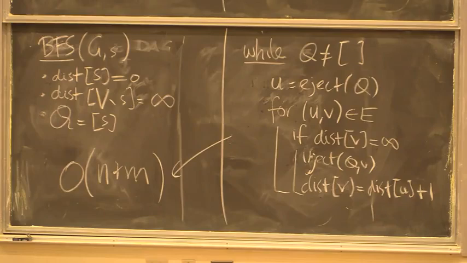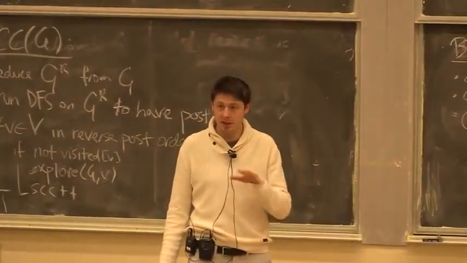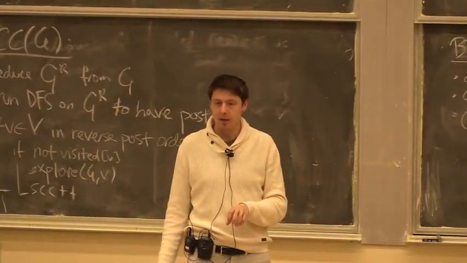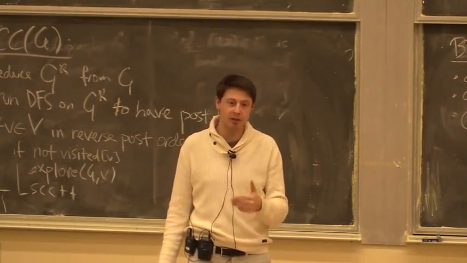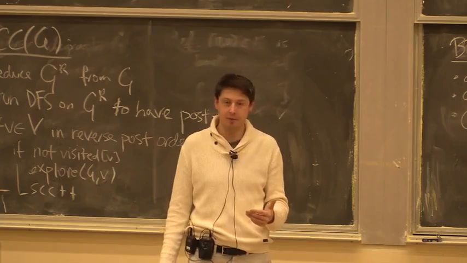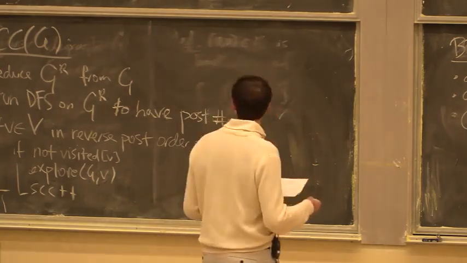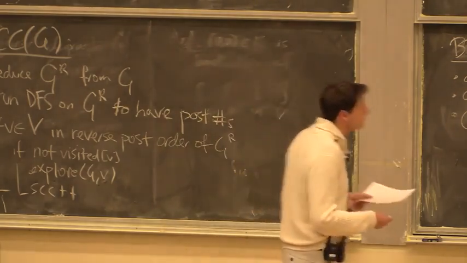Okay, so this solves the question of shortest paths on graphs where all edges are undirected and have the same weight. So the first relaxation that we're going to do is, instead of looking already at directed graphs, we're going to keep looking at undirected graphs, and we'll give distinct weights to different edges. So now we look at a slightly more general problem.